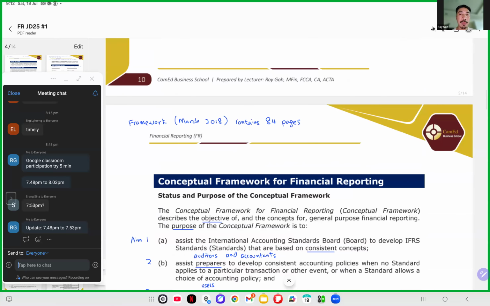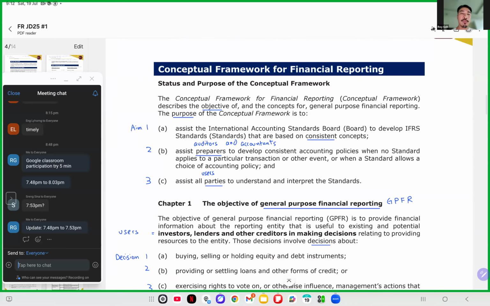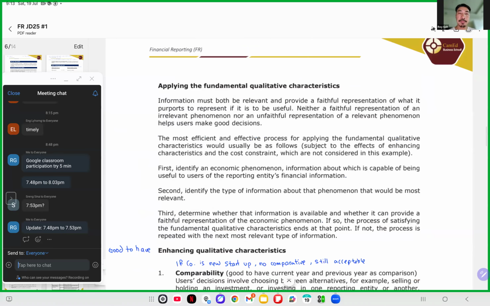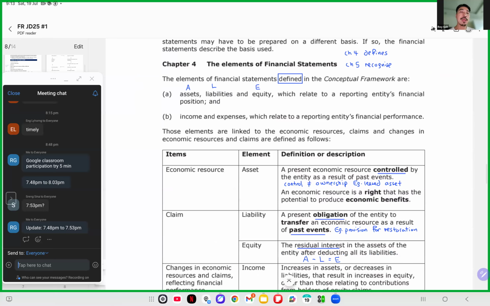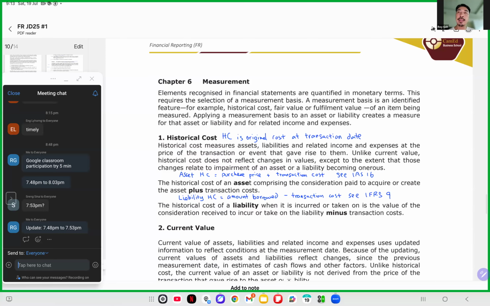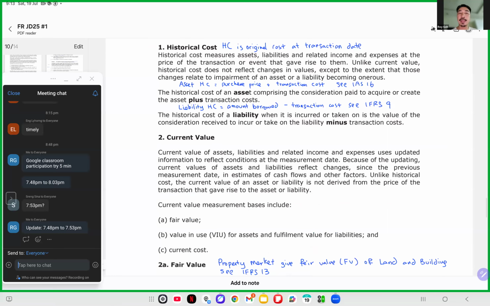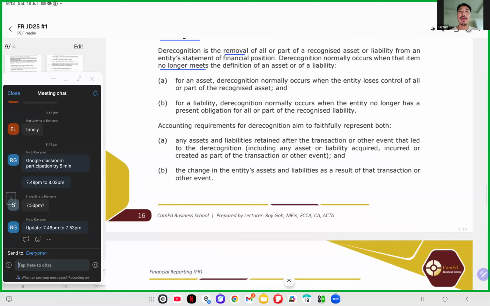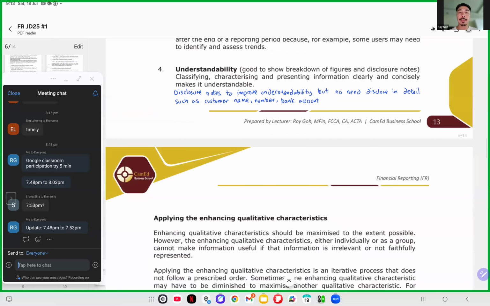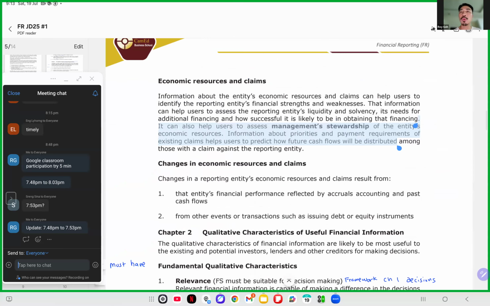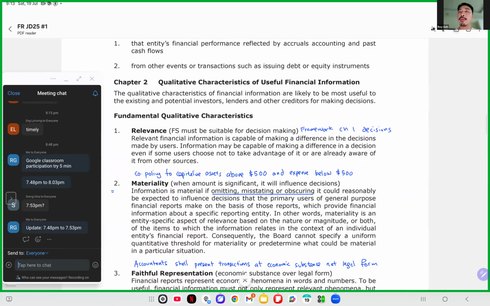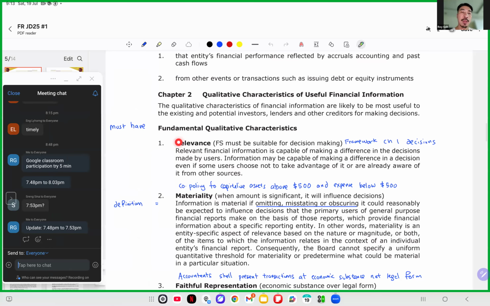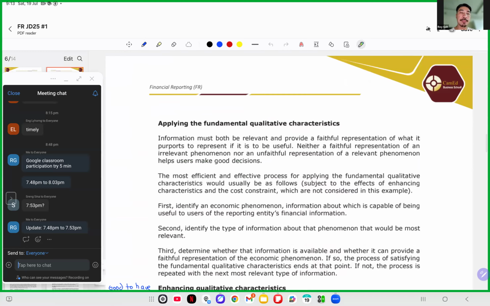On this framework, you learn with me chapter 2, verifiability. What's called verifiability? Good to have invoices.